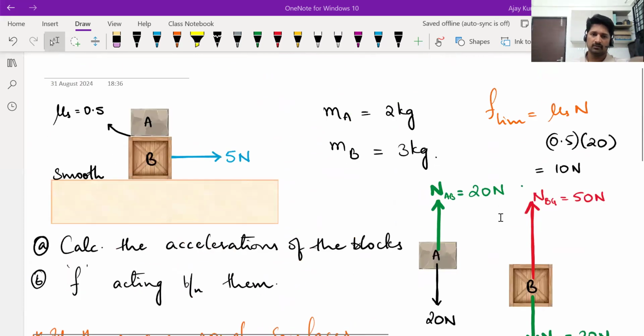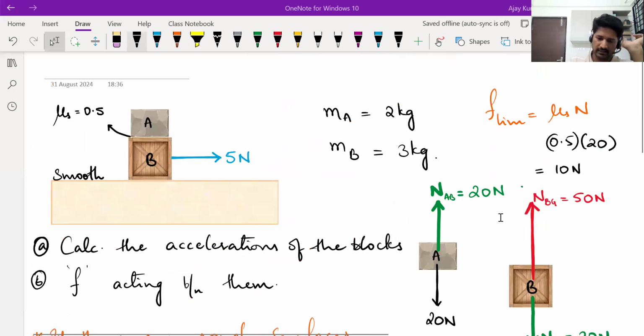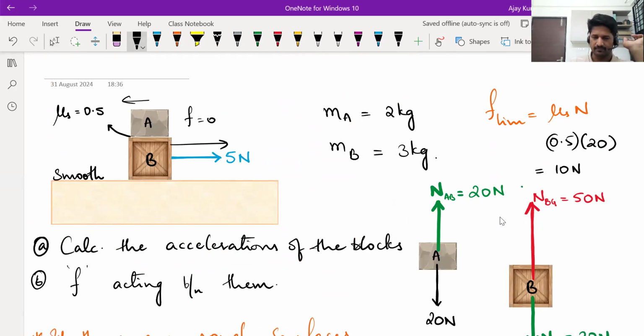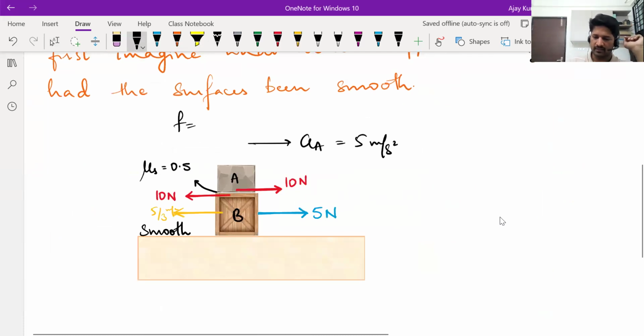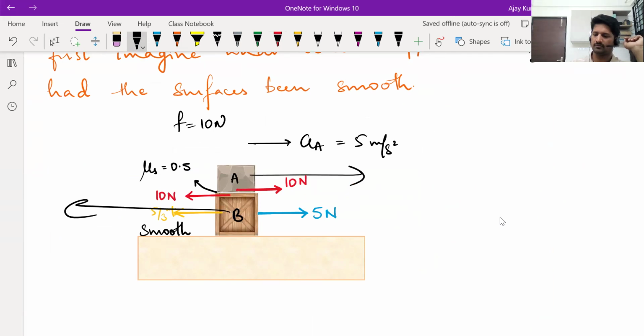So in case of zero friction, B slides forward, relatively A slides backward. Actually A stays there itself, but relatively it slides backward relative to B. That is in case of zero friction. In case of friction 10 newtons, B goes back, A goes forward, which is of course meaningless.